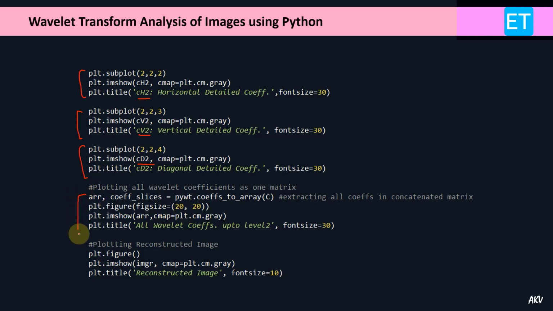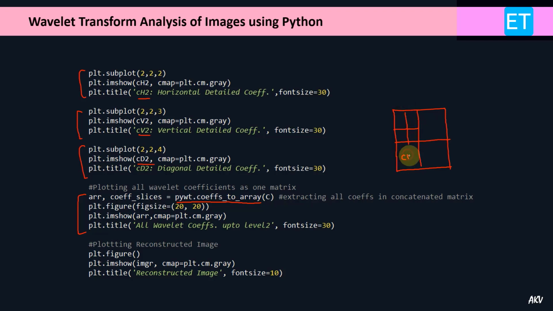2. This is a different command, pywt.coeffs_to_array, which I have not explained. Let me explain here. This command will extract all the wavelet coefficients and put them side by side to make this type of representation, as I showed you in my earlier slides. As I'm doing a 2-level decomposition, all the matrices will be in this arrangement.